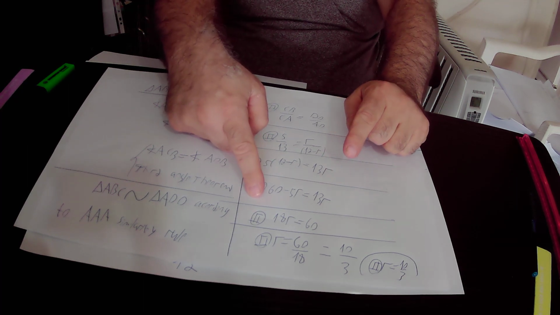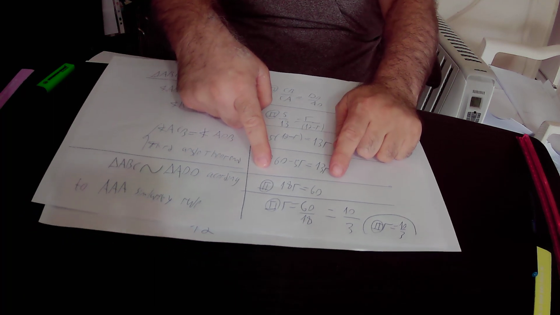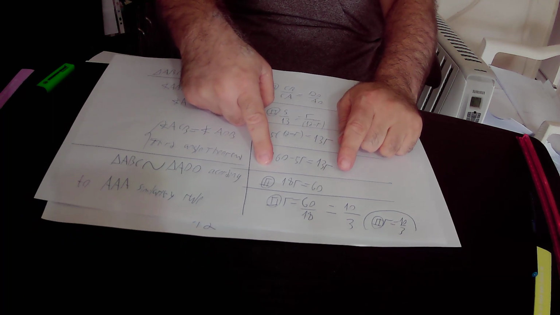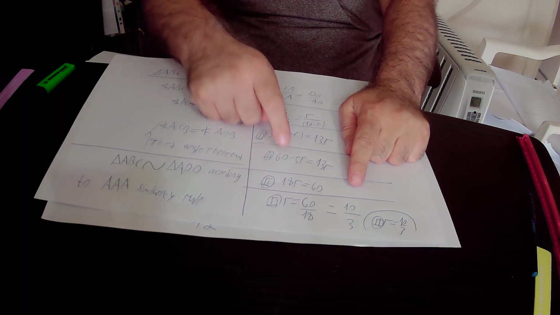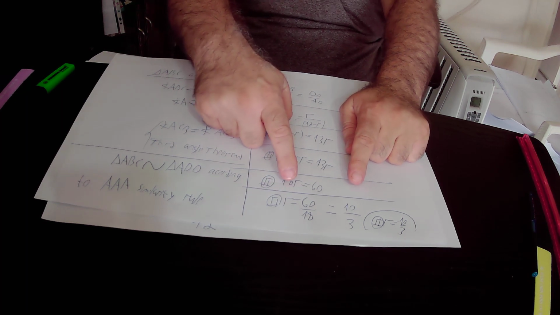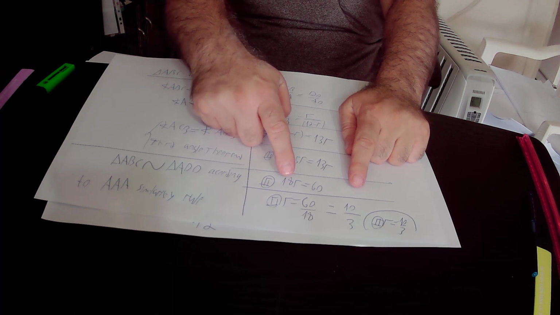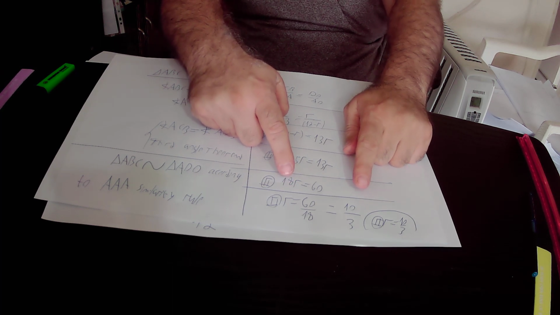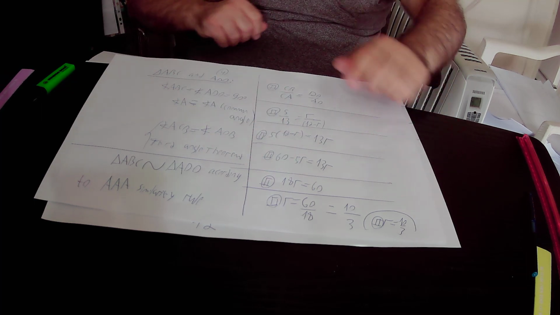So we got 18R equals 60. We divided by 18 and got R, the radius of the semicircle, equals 60 over 18. Dividing the numerator and denominator by 6, 60 over 6 is 10 and 18 over 6 is 3. So the radius of the semicircle equals 10 over 3.